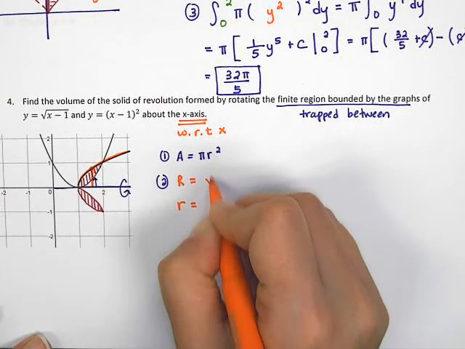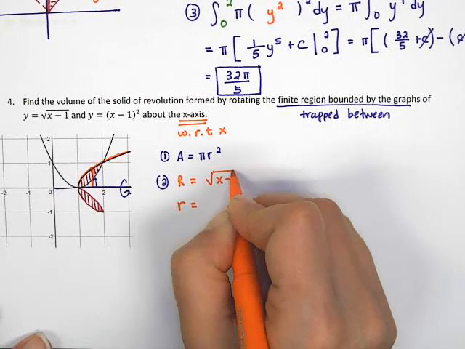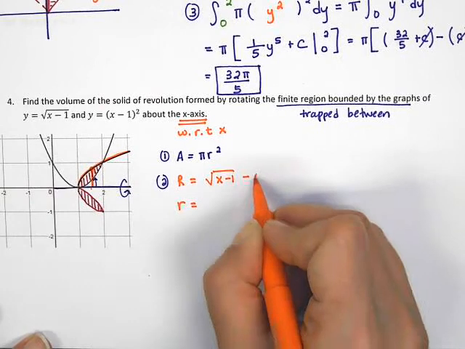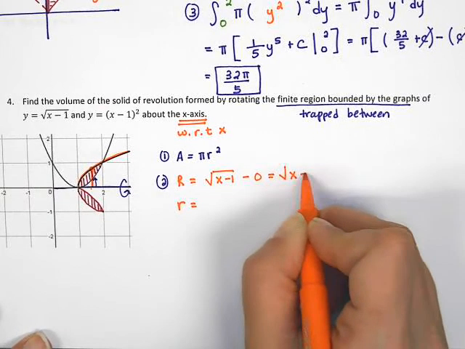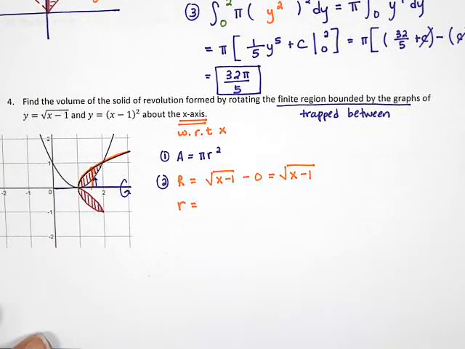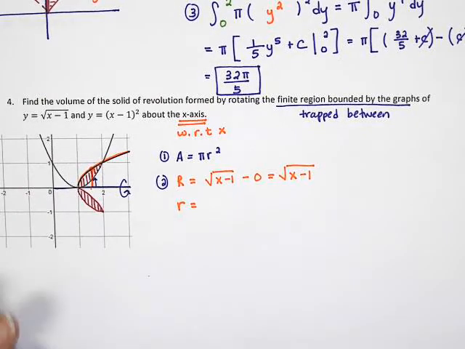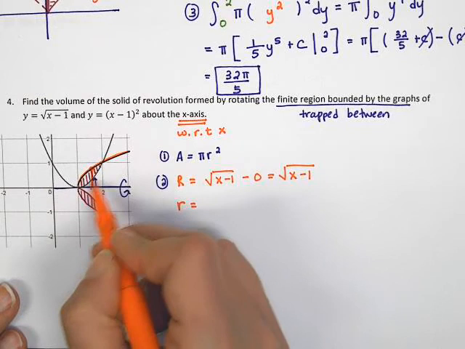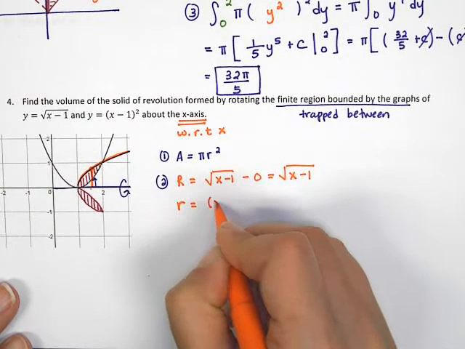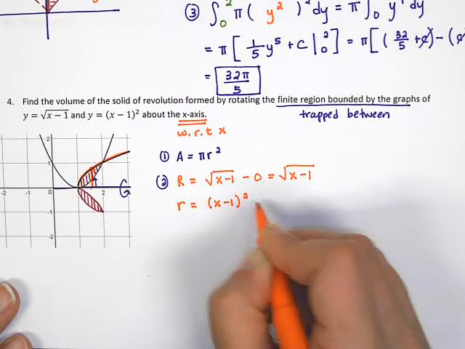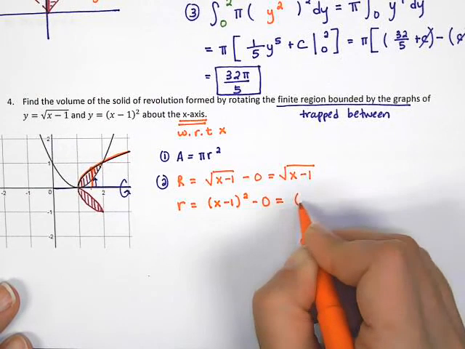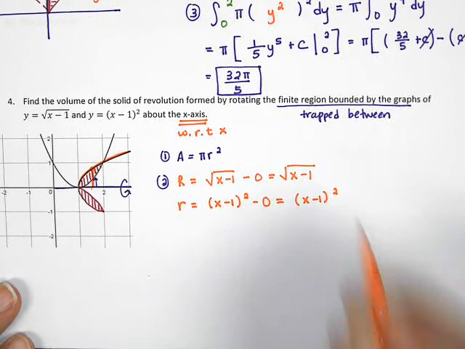So I would have the square root of x minus 1 minus, in this case, the bottom is 0. So just the square root of x minus 1. The inner radius here, that little purple line that I drew, is going to go from the squared graph to the 0. So I would have (x minus 1) squared minus 0, which would just be (x minus 1) squared.